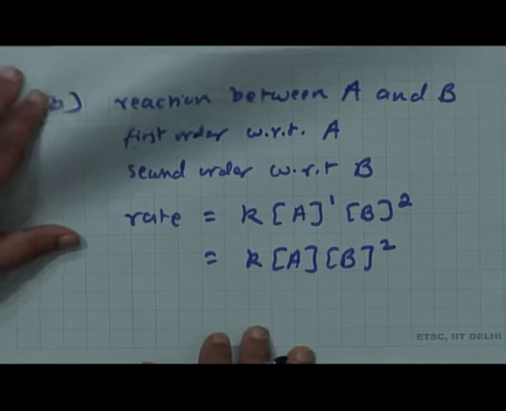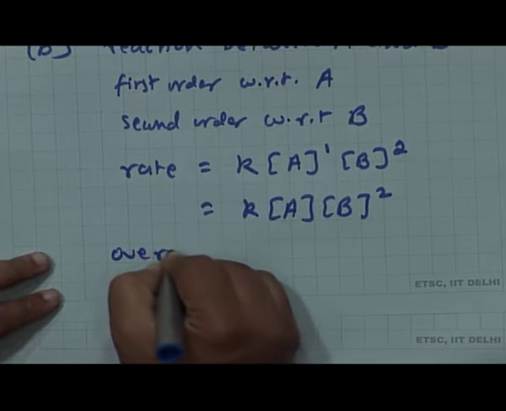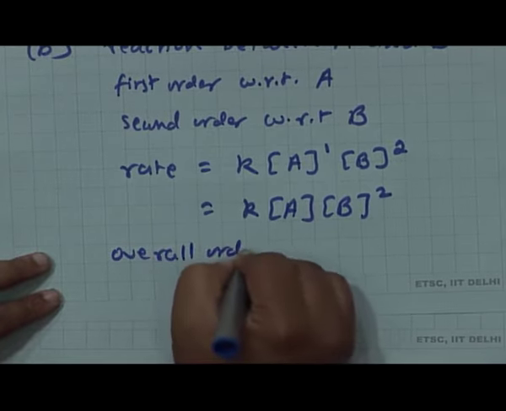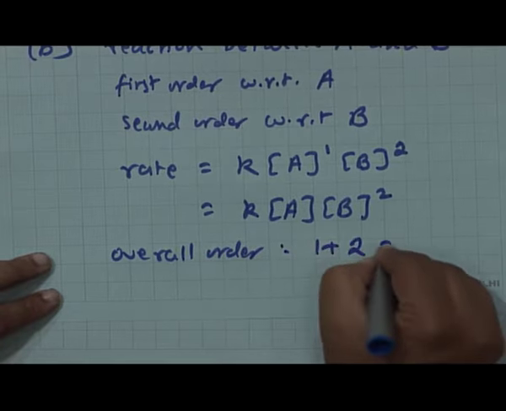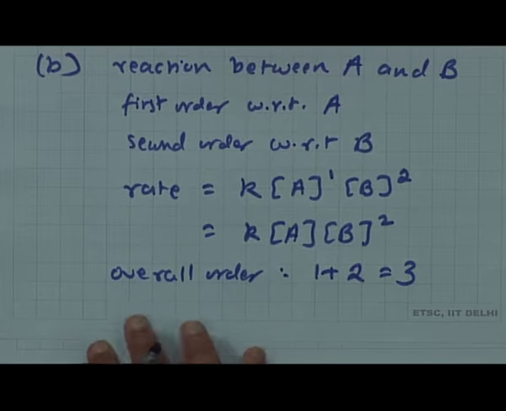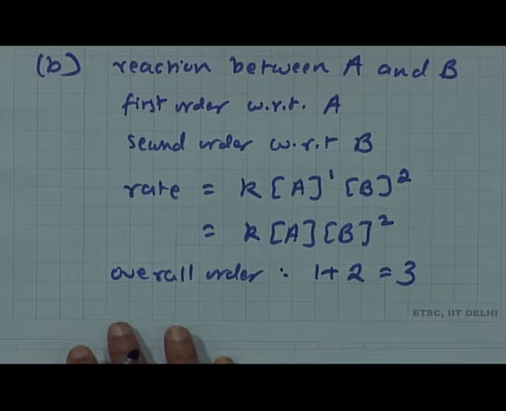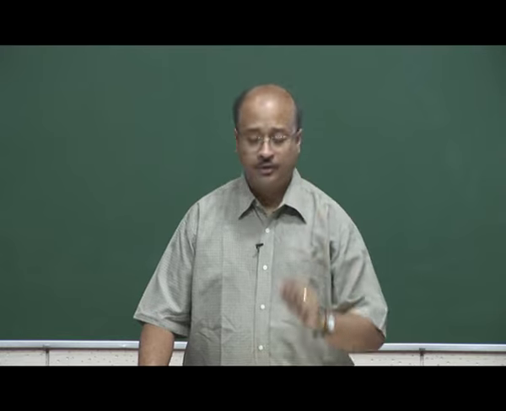Based on this I can write that the overall order of the reaction is 1 plus 2 equal to 3. Having discussed these, it should be straightforward why it is 1 plus 2 equal to 3, this being the overall or total order of the reaction.